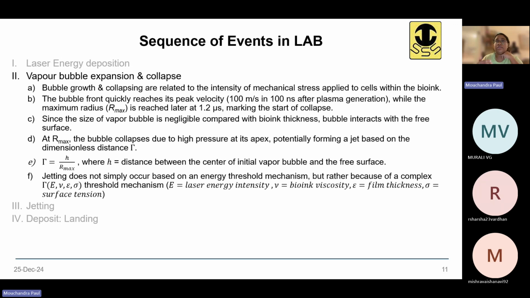A jet means a stream of continuous bubbles can form. And whether this jet will form or not, you can understand by using a dimensionless distance gamma. This gamma is defined as the ratio between h and R max. h is basically the distance between the center of the initial vapor bubble and the free surface.